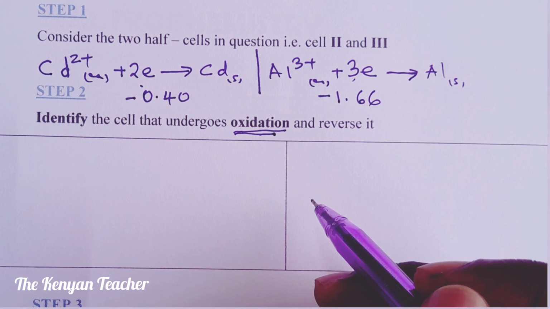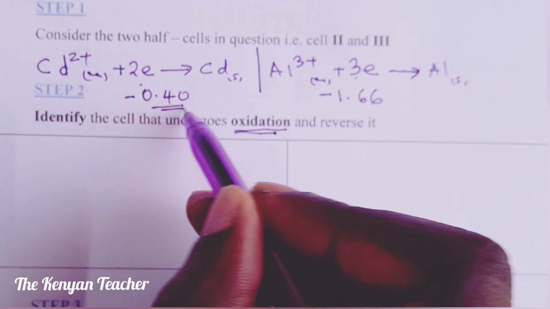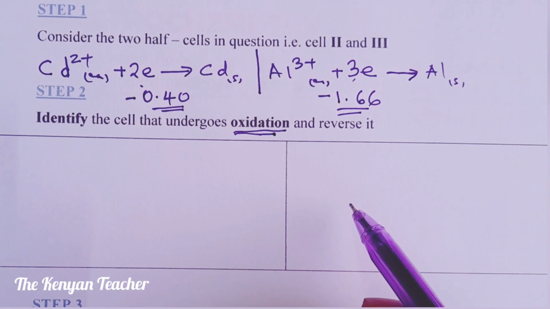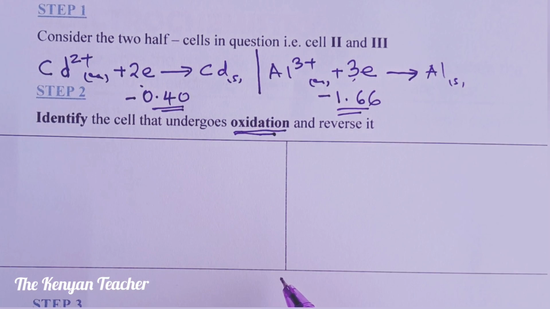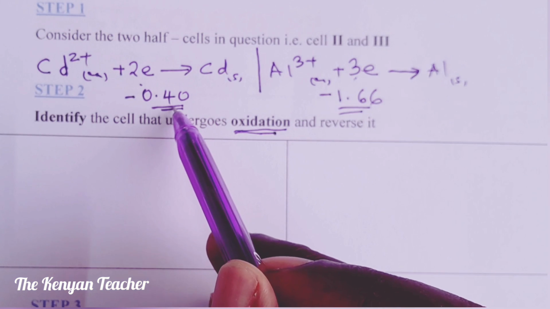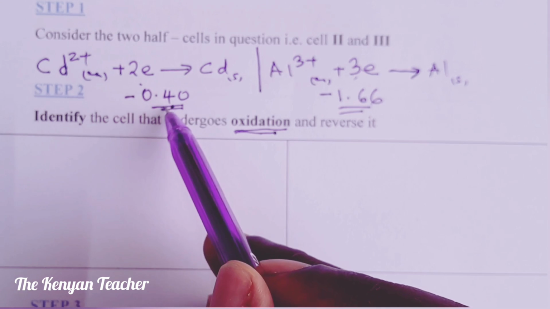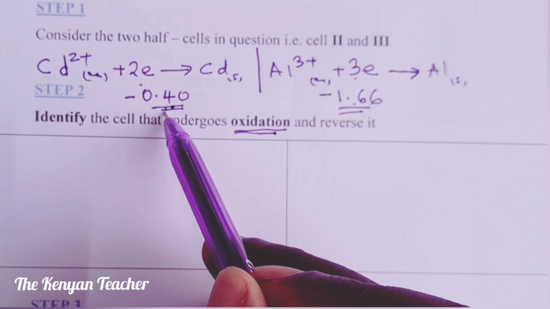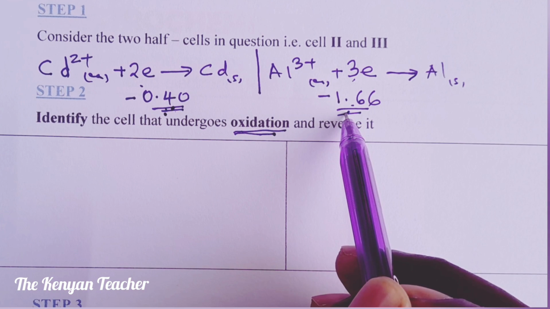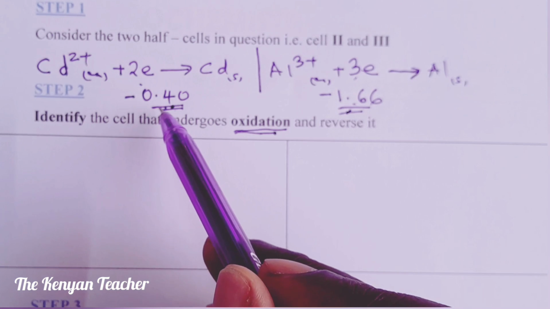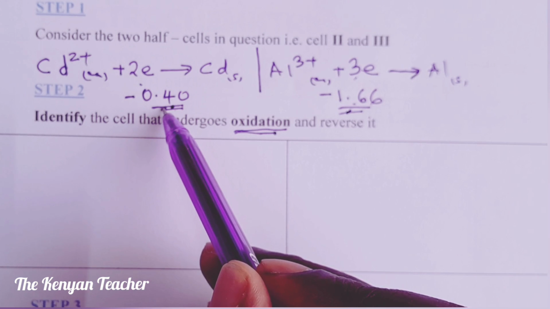So what a candidate needs to do is to consider these two values, and we follow a simple rule: the one that has the most positive E0 value, that is cadmium, of the two. Don't forget, negative 0.40 is more positive than negative 1.66. So this one will undergo reduction because it has a more positive E0 value.